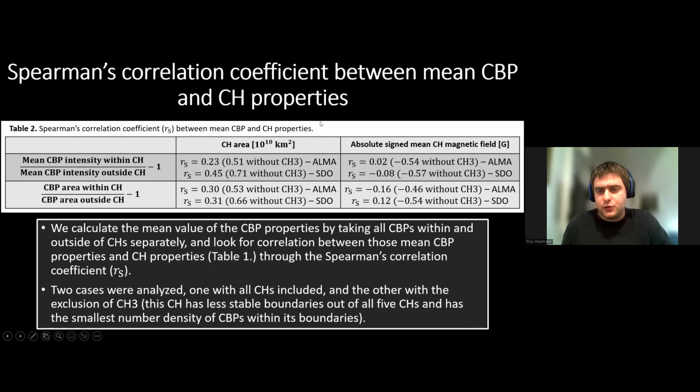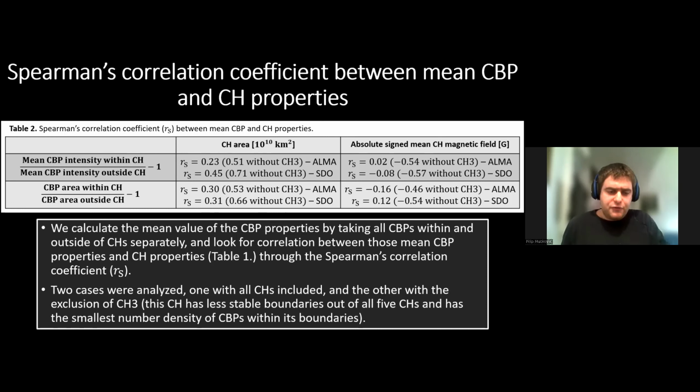In the table here, you see the results for the correlation coefficient, where if you take all coronal holes into consideration, the correlation between mean CBP properties and coronal hole area is slightly on the lower side, meaning that there is a correlation, but a very weak one here.